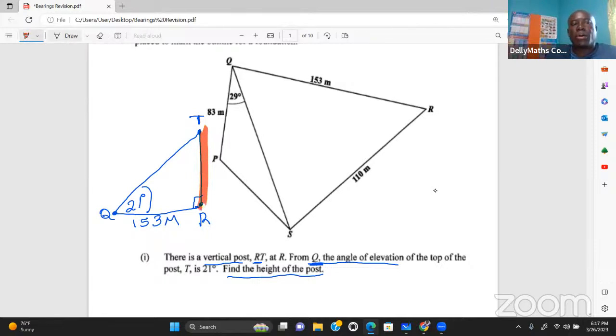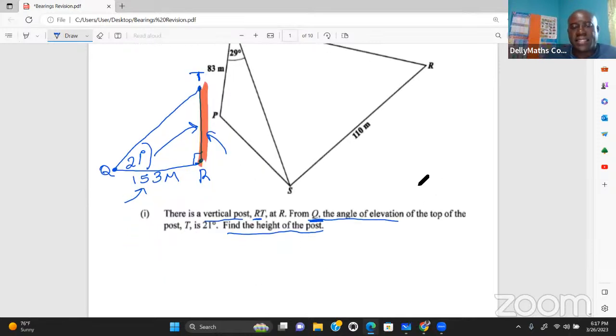You could look at the relationship. For this that we want to find, RT, it is the opposite side to 21. And what else do we have for 21? We have the adjacent side to 21. So we want to find the opposite side, and we have the adjacent side.